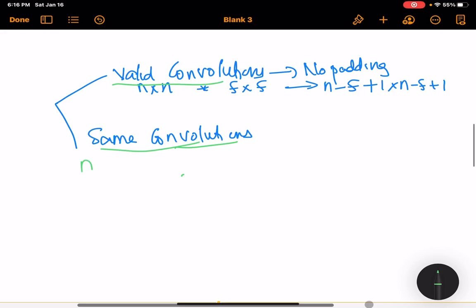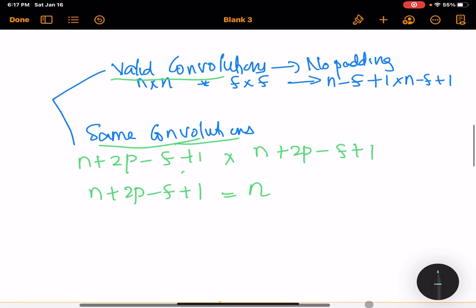That means my output would be n plus 2p minus f plus 1 cross n plus 2p minus f plus 1. And this output, that is n plus 2p minus f plus 1, should be equal to my input.